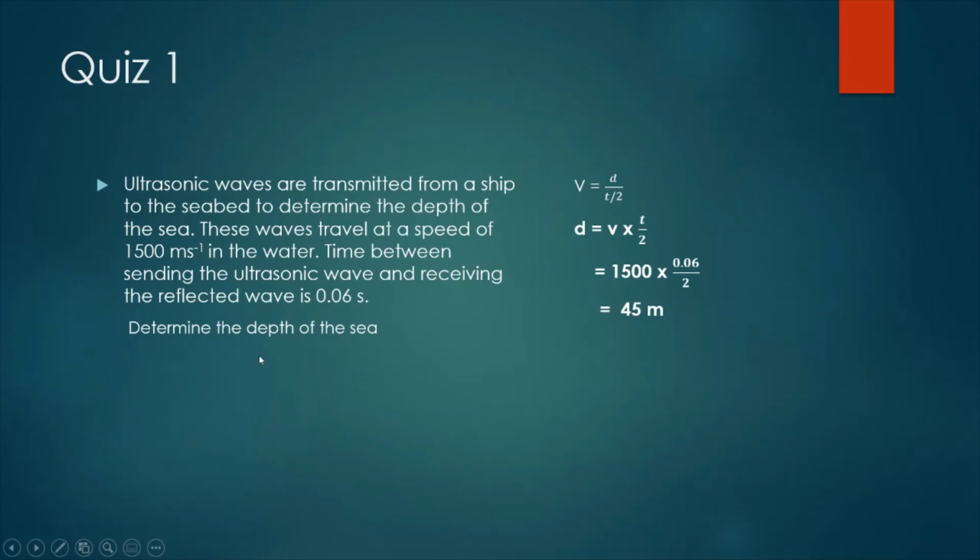So now we want to estimate the depth of sea. Using the formula speed equals distance over time, don't forget the time you have to halve it. So we substitute the speed of wave and the time taken and halve it, so we can estimate the depth of the sea, and it is 45 meters.